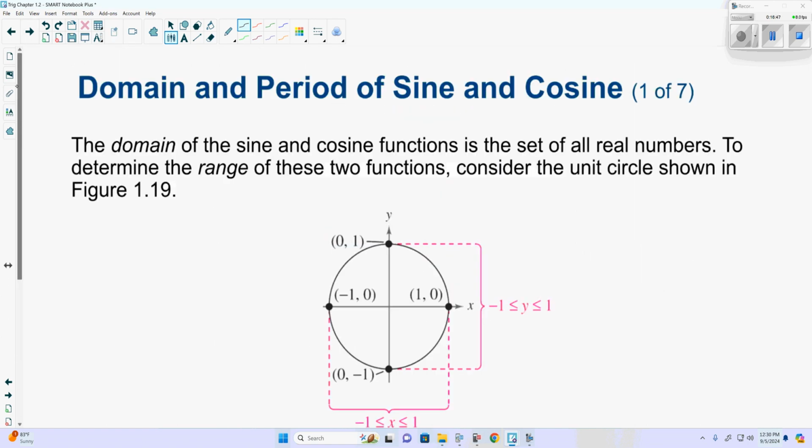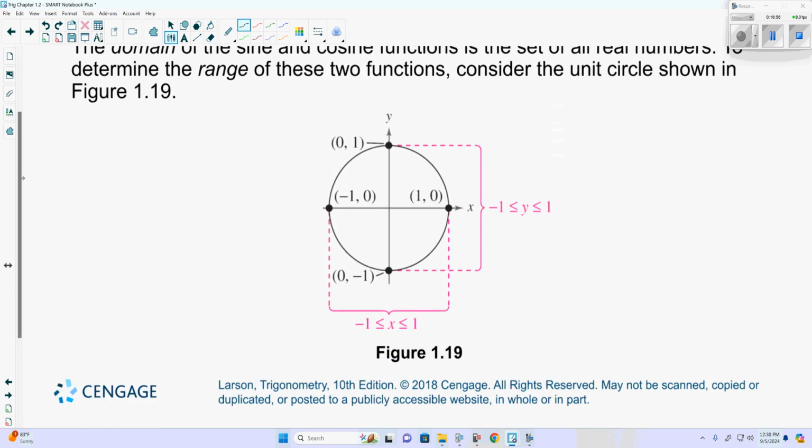The domain of sine and cosine is the set of all real numbers. To determine the range of these two functions, all it's saying is that no matter what angle we pick, the range of values that we can have for sine is going to be between negative 1 and 1.